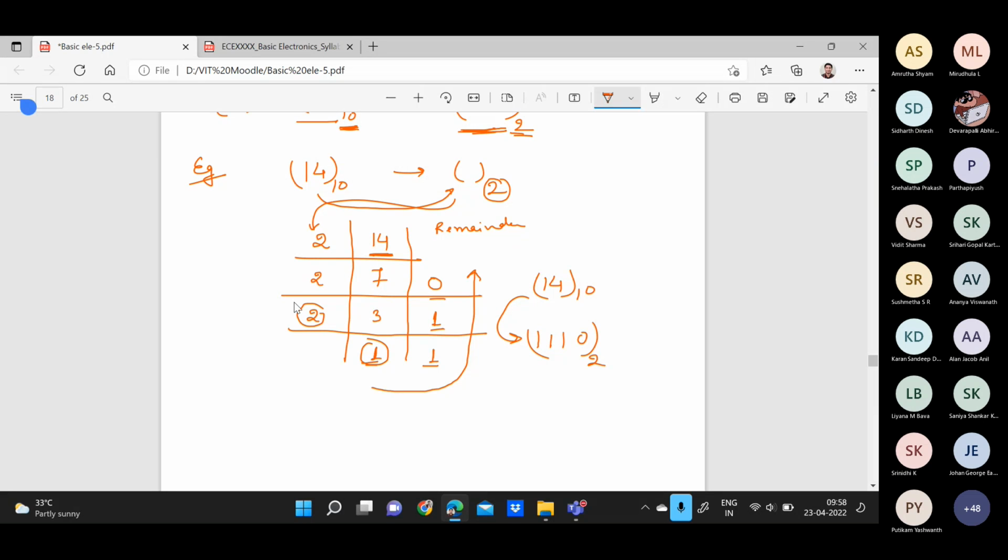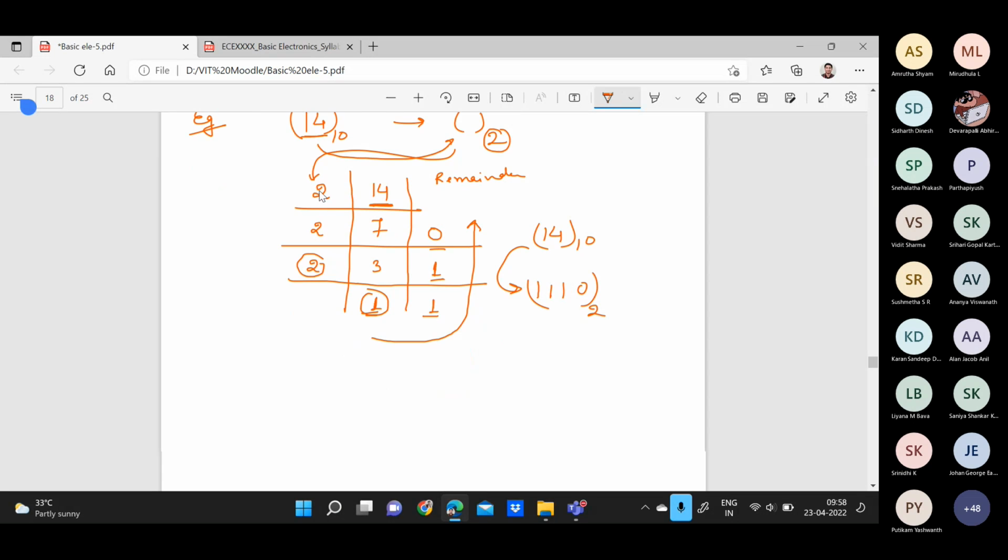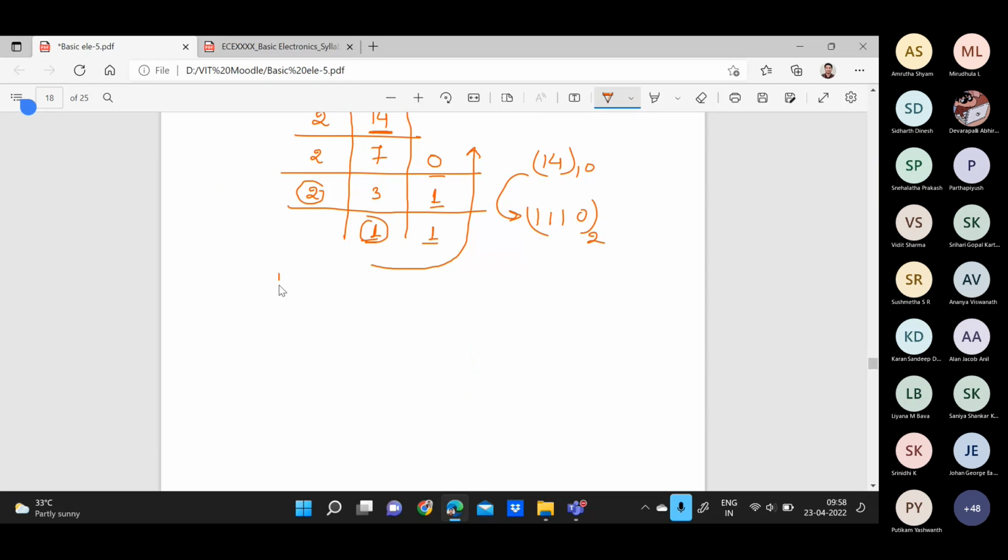This procedure we have to follow if the number is greater than 1. That means if you have a number like 14.125, in that case you have to separate the integer value and the decimal value. I solved for the integer value only.